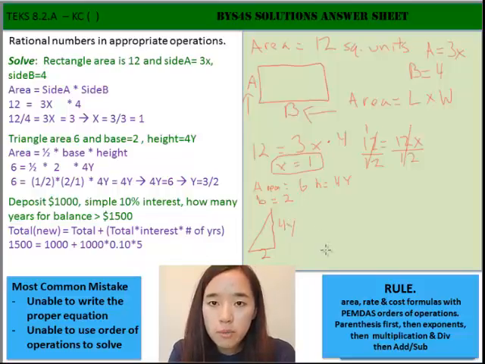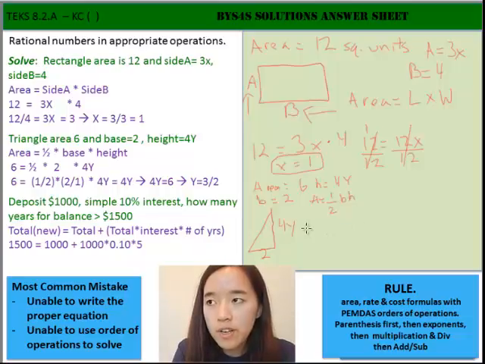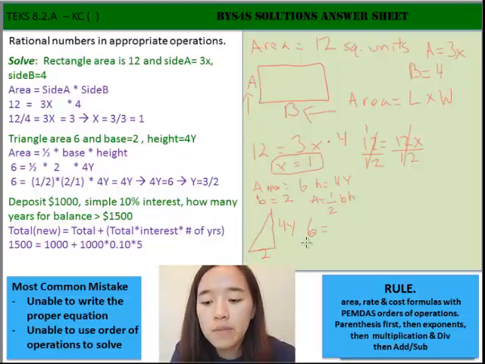So first, let's remember that the area of a triangle is 1/2 of the base times the height. So we already know that the area for this specific triangle is 6. We're already going to write that down. And we're given the base and the height.